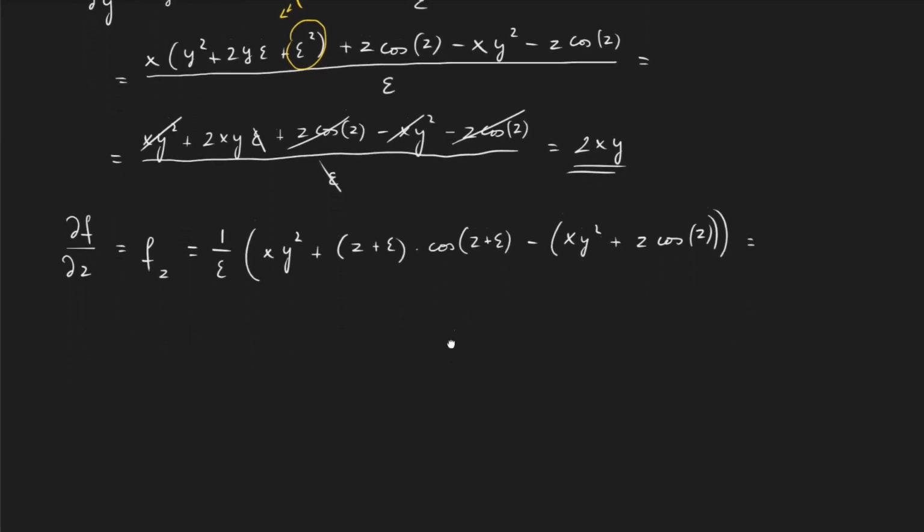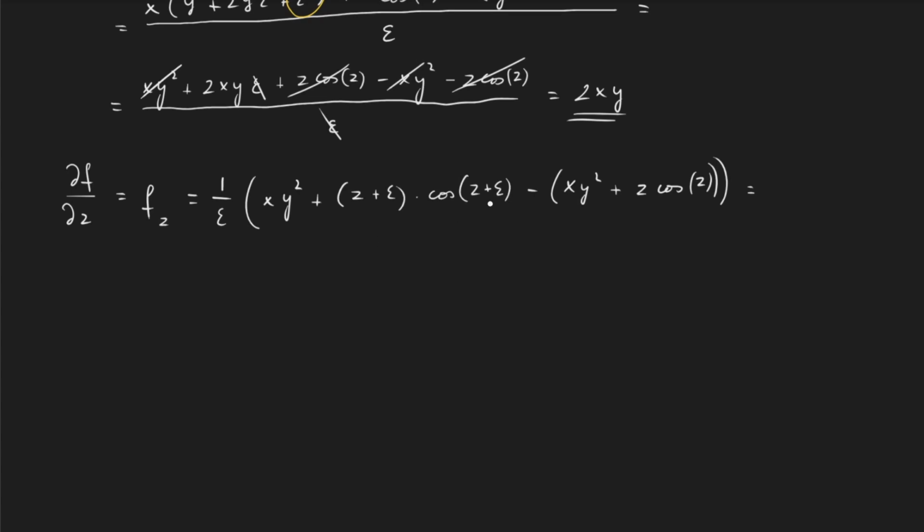So here you can see that we have cosine of z plus epsilon, and I will write here what it can be approximated with. So cosine of z plus epsilon. We will use Ptolemy's identity, which tells us how to calculate cosine of a sum.